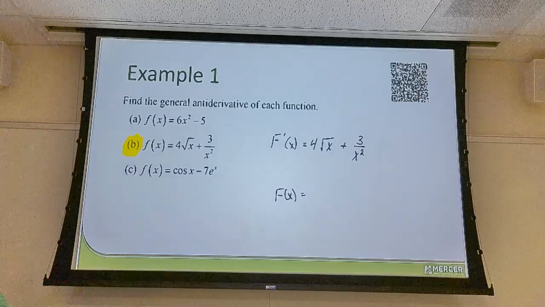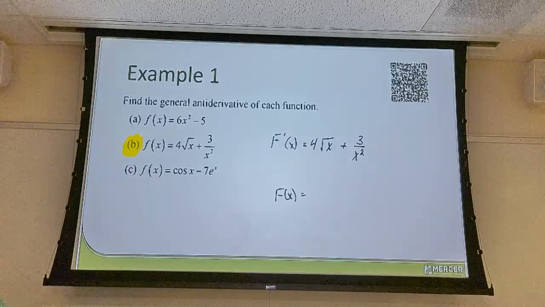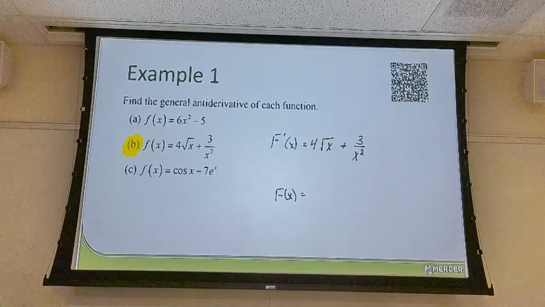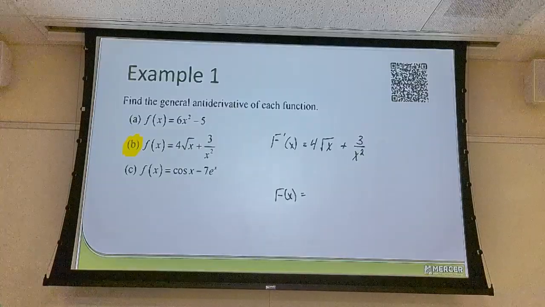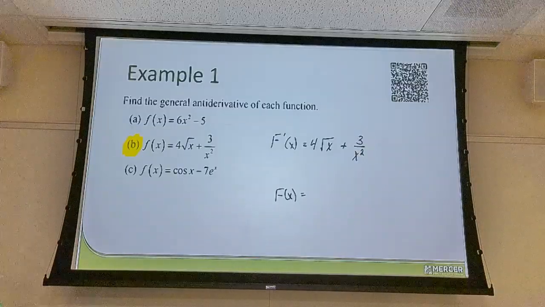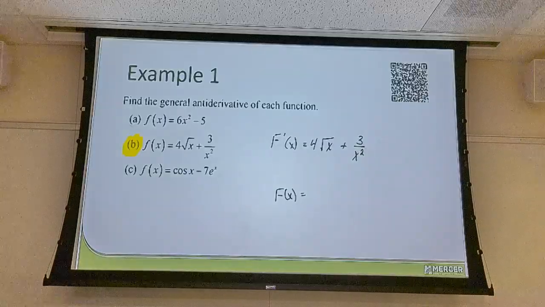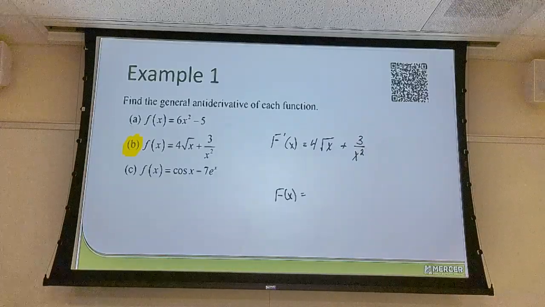So again, we want a function that when we take its derivative gives 4 root x plus 3 over x squared. Well, just go piece by piece. 4 root x. What function has 4 root x as its derivative?